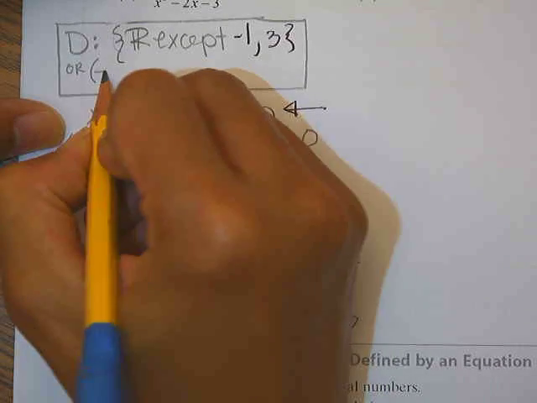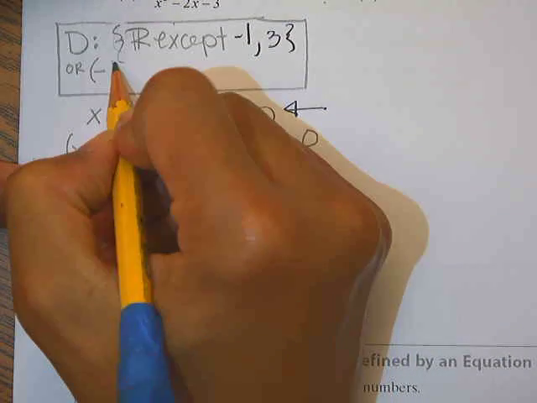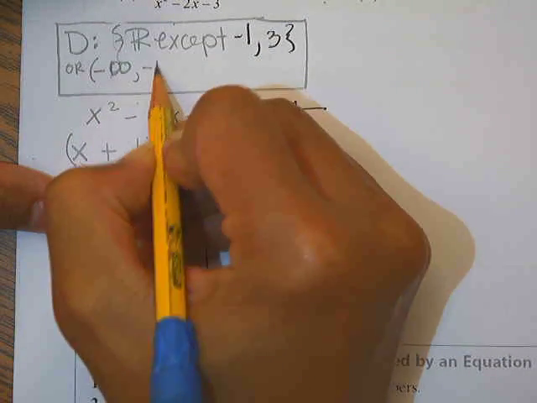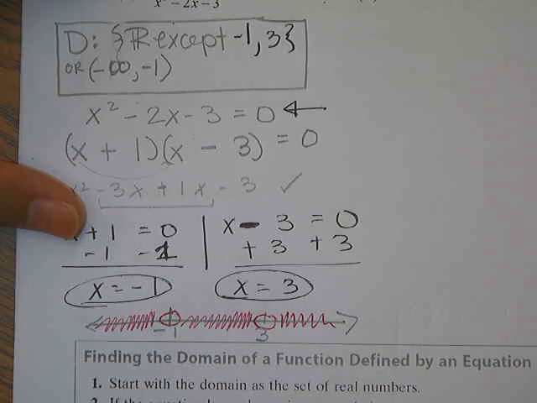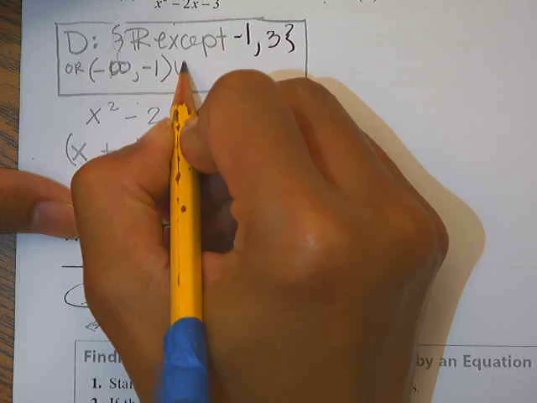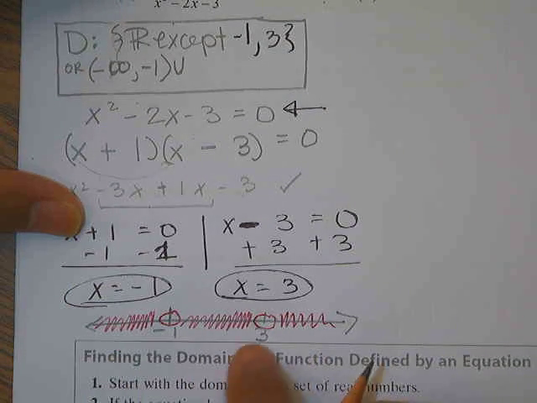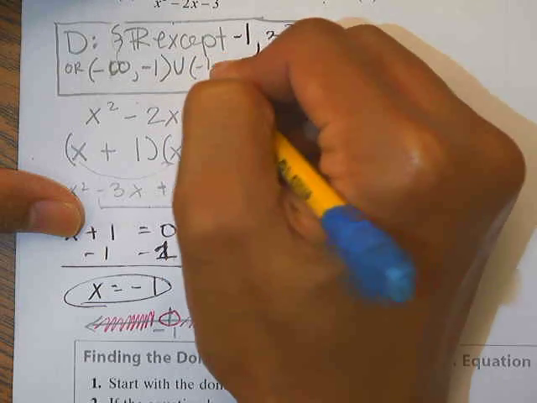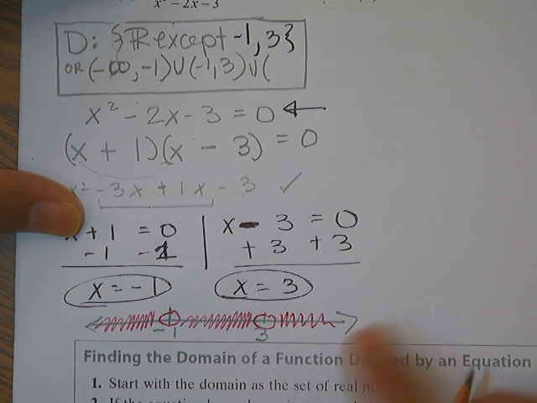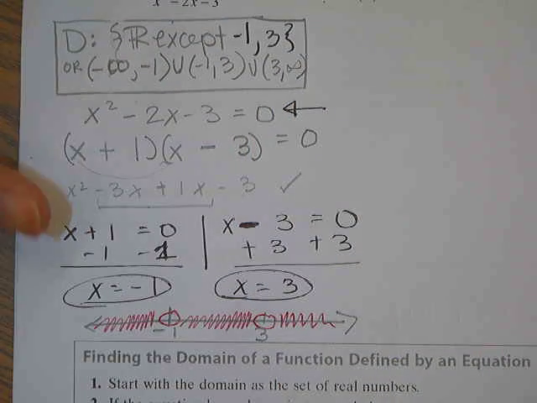It's going to go from -infinity, comma, -1, or, when I use union, the U means or, -1 to 3, or we can go from 3 to infinity.